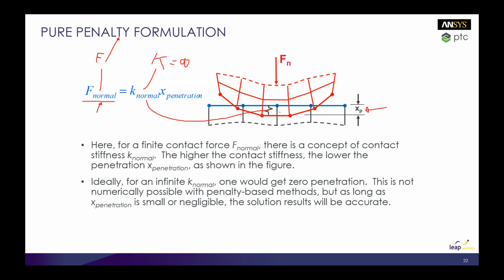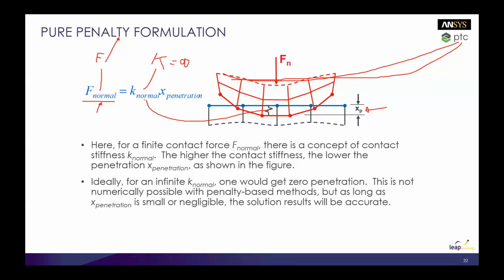If that force is too high, say this was on the end of a cantilever, it's essentially going to push that part out of contact. That's not ideal, so we allow a small amount of penetration to enforce the contact compatibility.